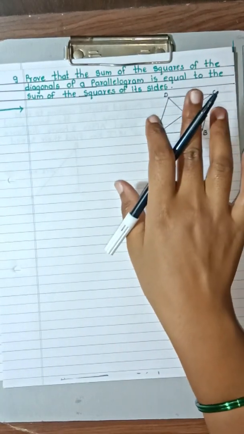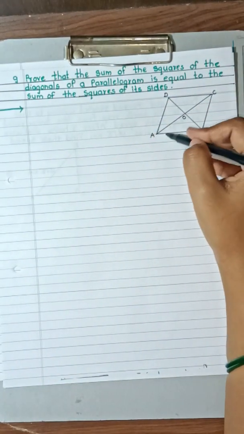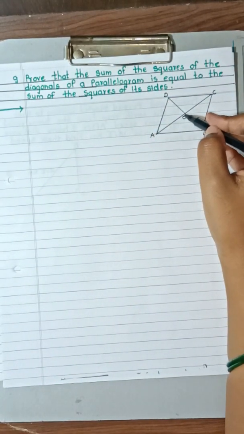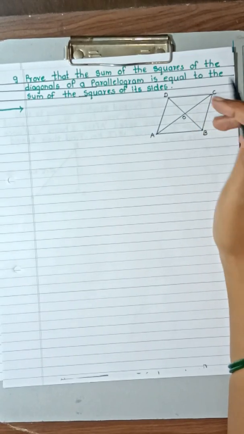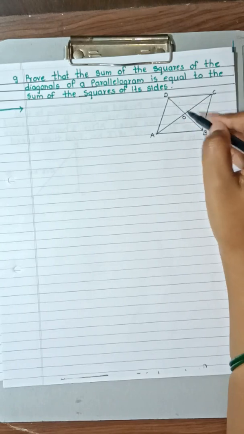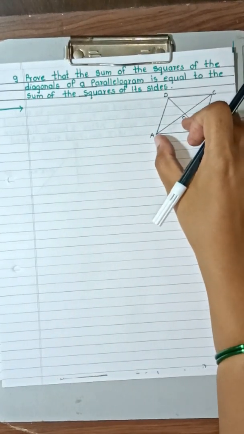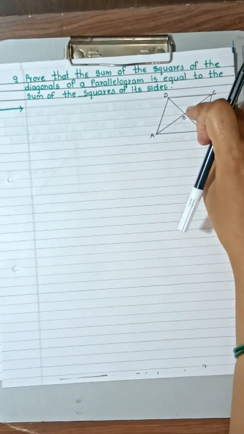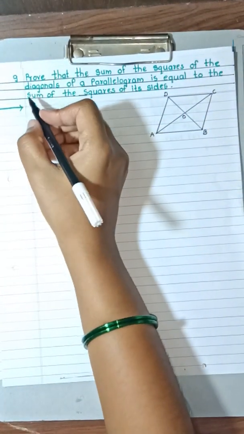Okay, children, now you can see here the diagonals of this parallelogram intersect each other at point O. Therefore you can say that O is the midpoint of AC and BD. Okay, now as it is the midpoint, then AO is equal to OC and BO is equal to OD. I'll write it down here.